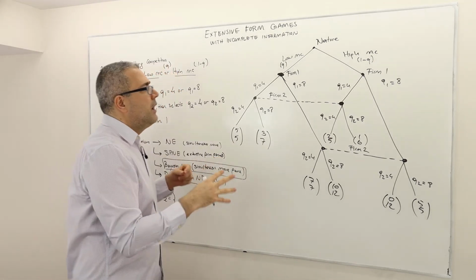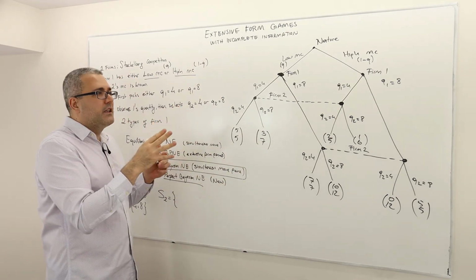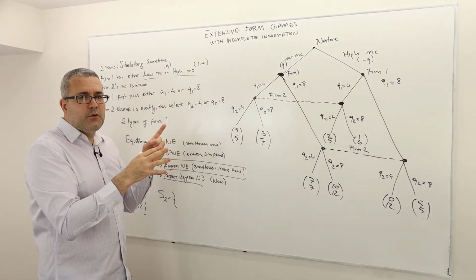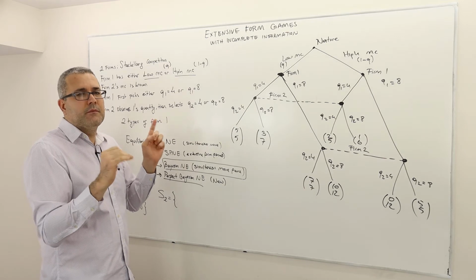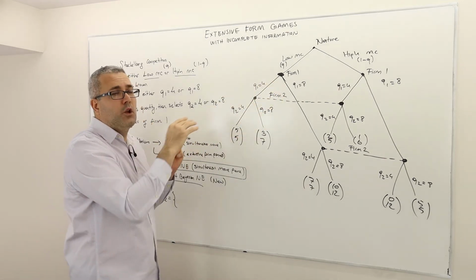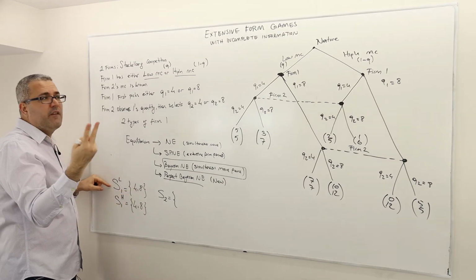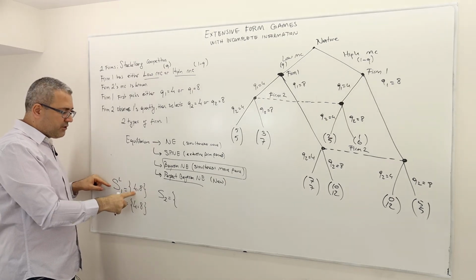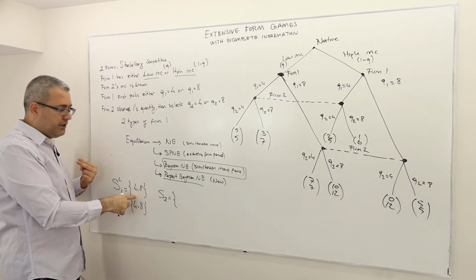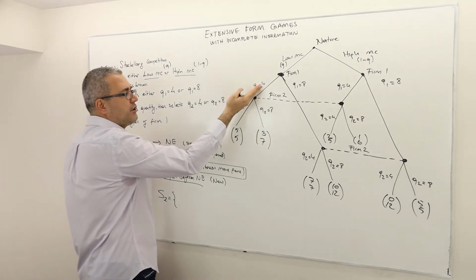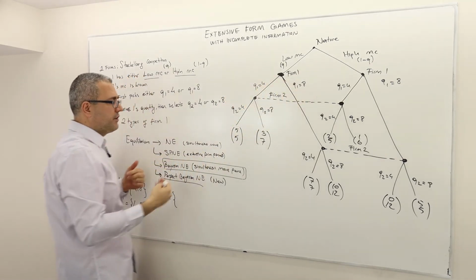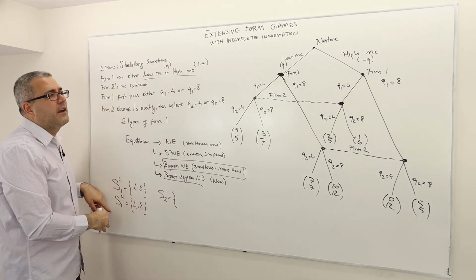All right? So strategy is basically, for each decision node for a player, an action. So here, firm 1 of low type has only one decision node, but two available actions. So therefore he has two strategies. One strategy is one action, the other strategy is the other action. Same for firm 1 of high type.